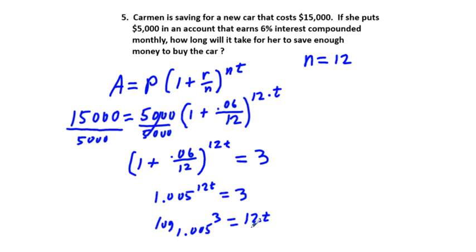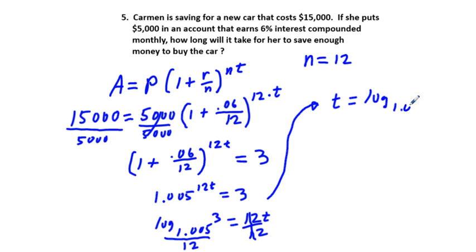So solving, if we divide both sides of the equation by 12, we have t is equal to log base 1.005 of 3 over 12.